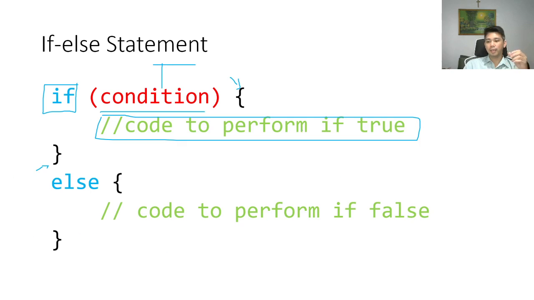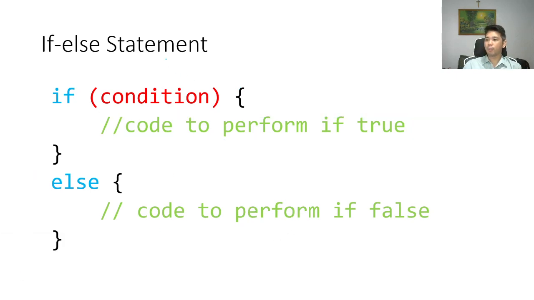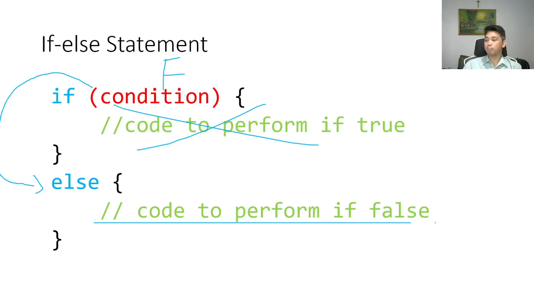But if the answer to our condition is false, we will not perform the if block, but rather the computer will jump to the else segment and it will perform all of the codes inside the else statement.